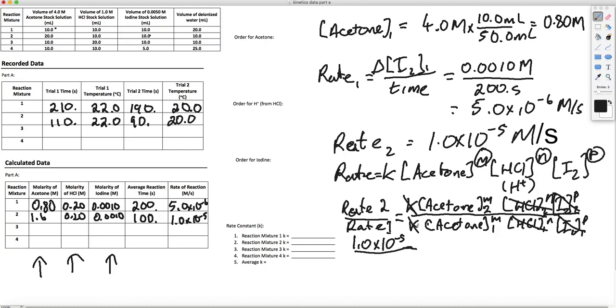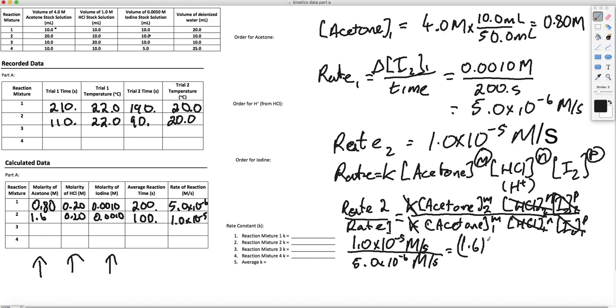Let me make that a little bit straighter. There we go. So we've got 1.0 times 10 to the negative 5 over 5.0 times 10 to the negative 6. You can see that the top one now is bigger than the bottom one, which makes it a little bit easier. And then we've got 1.6 over 0.80.